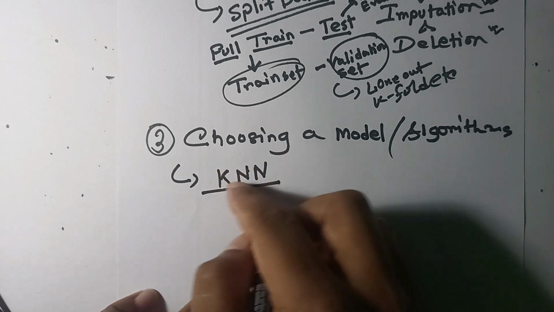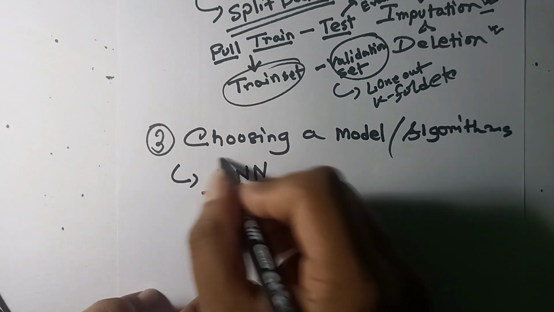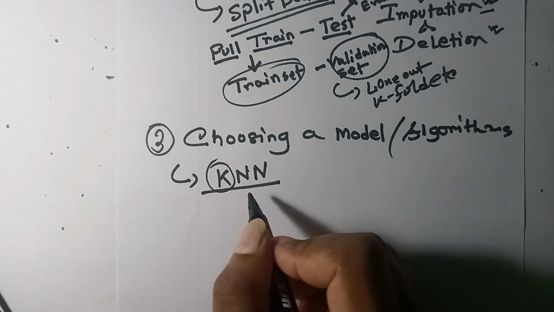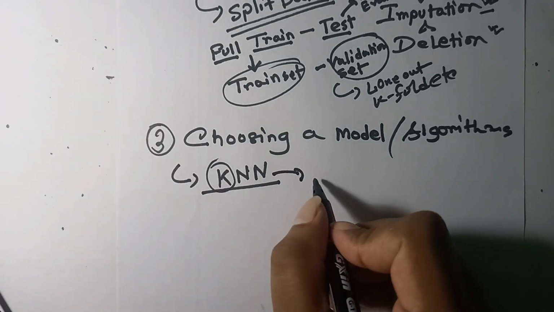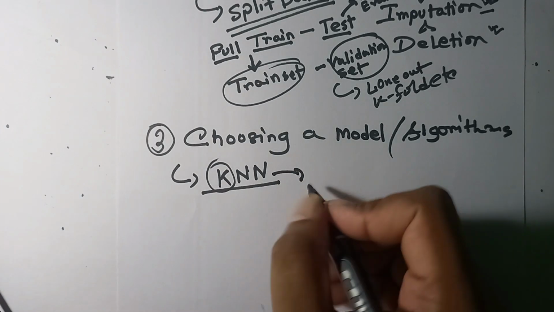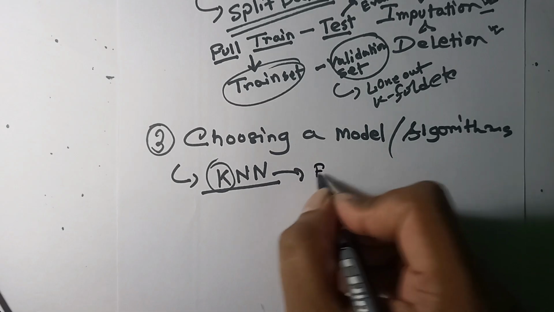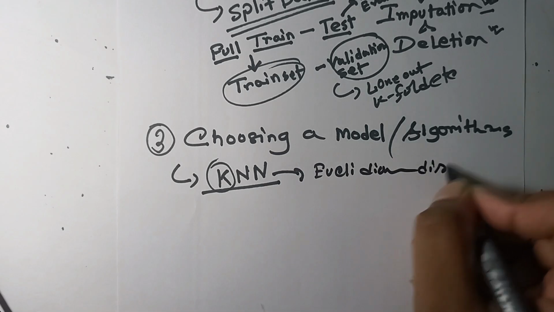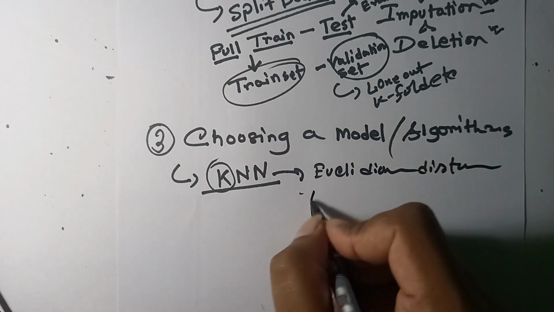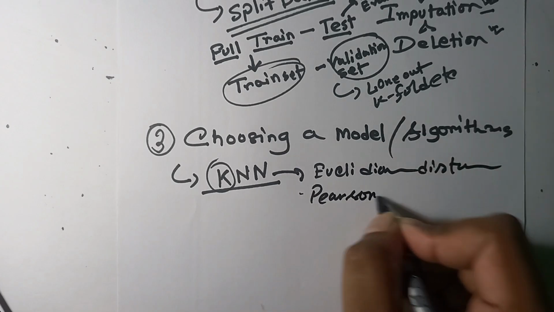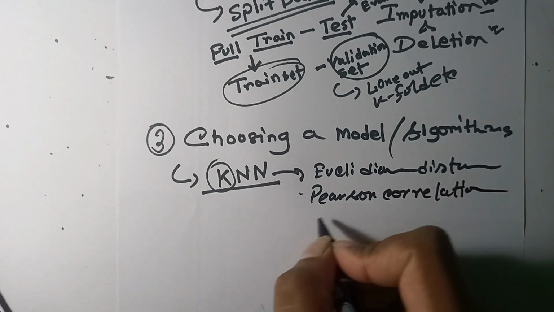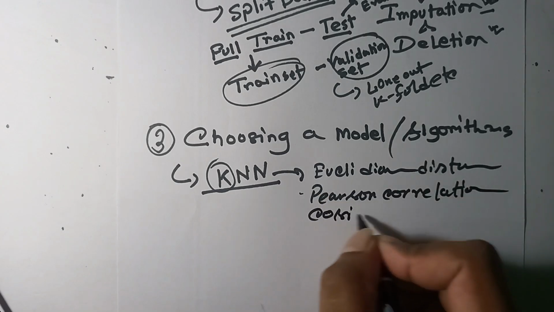In this k nearest neighbor, we have a fixed value of k, and that will be our parameter. And we will use many similarity methods, say the famous Euclidean distance, say Pearson correlation, say cosine similarity.